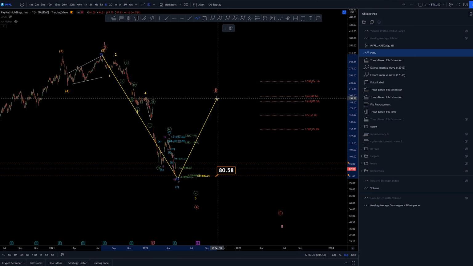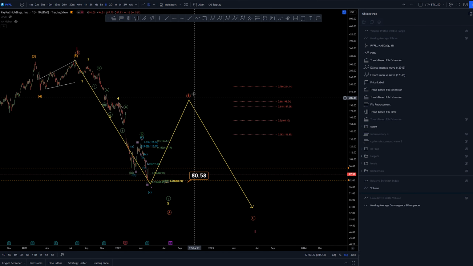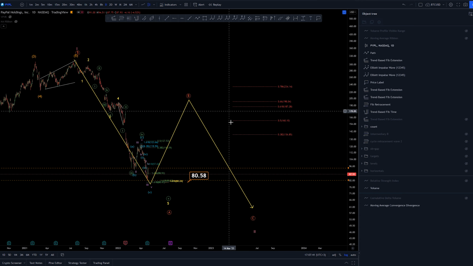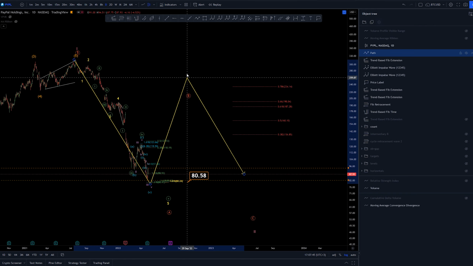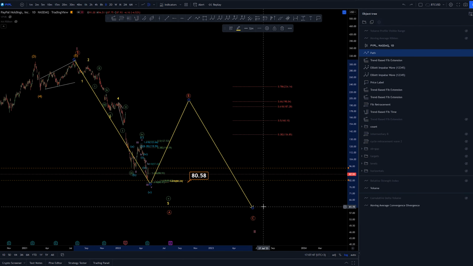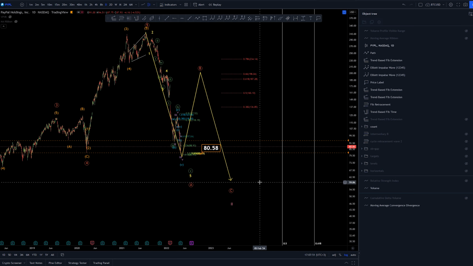On a higher time degree, this primary B move would be coming next, and that would be expected to be a 3-wave structure, and after that we would be looking for 5 more downwards. Depending on how high this B wave would go, the higher of course this C wave could go. So it probably wouldn't need to make too low targets.